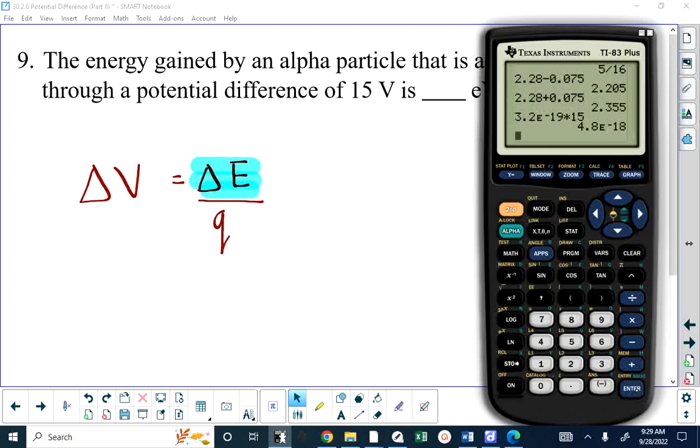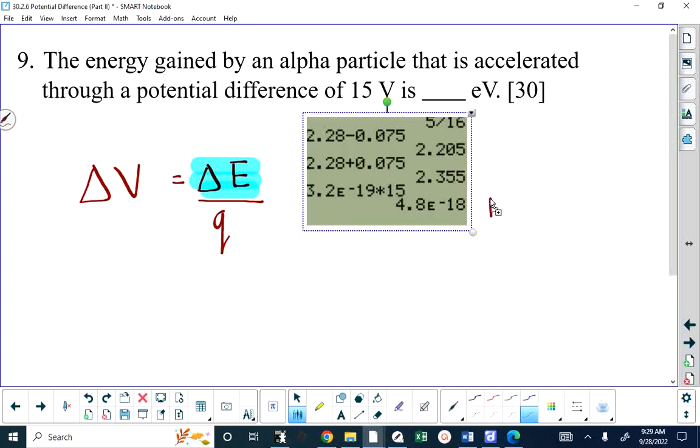Okay? This formula is only conversant in joules. It doesn't deal with anything else. Now, 1 electron volt, so that's how many joules? 1 electron volt is 1.6 times 10 to the negative 19 joules.